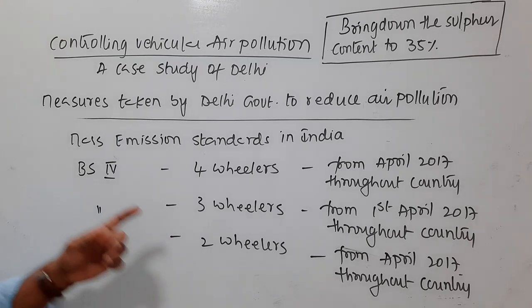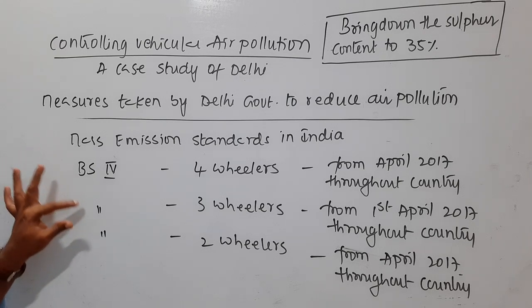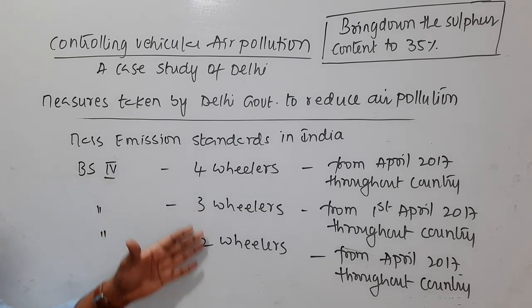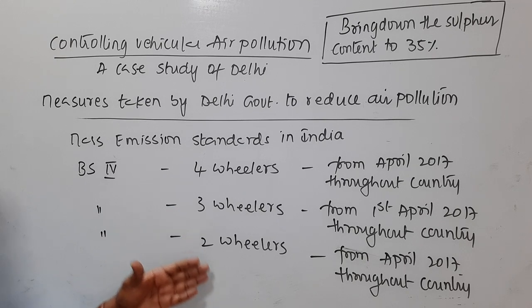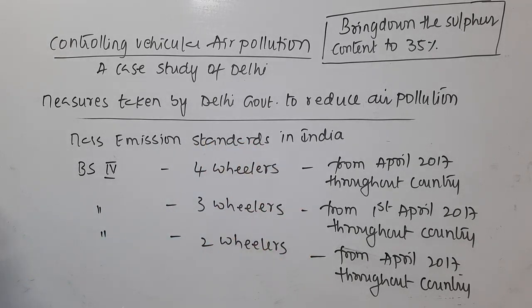So here these are some mass emission standards in India. BS4, okay, which was imposed on four wheelers, three wheelers, and two wheelers, and that started from April 2017, and we have come to know that this year from April 2020 we have new emission standards, that is Bharat stage 6.